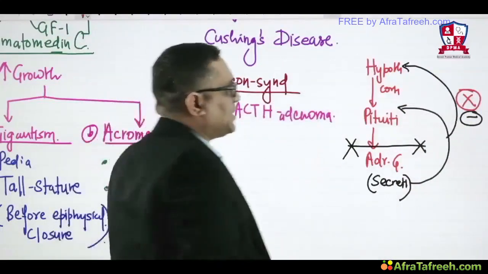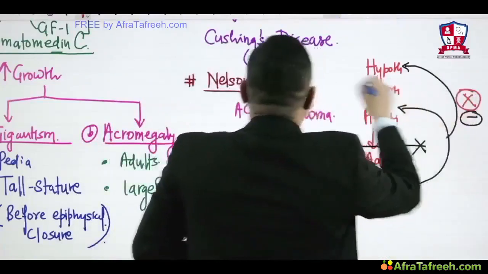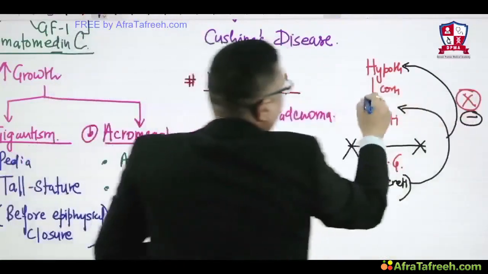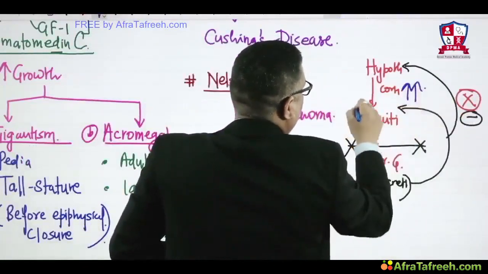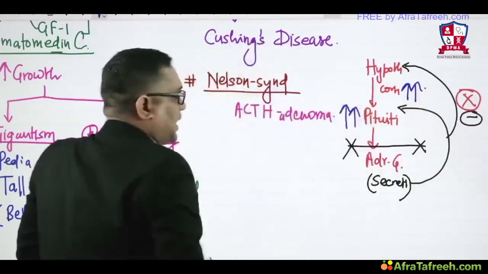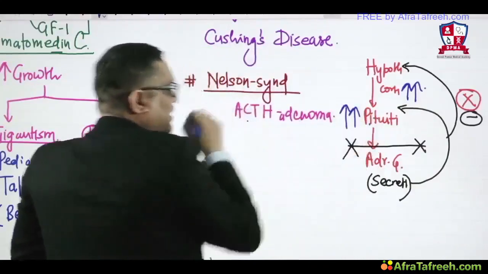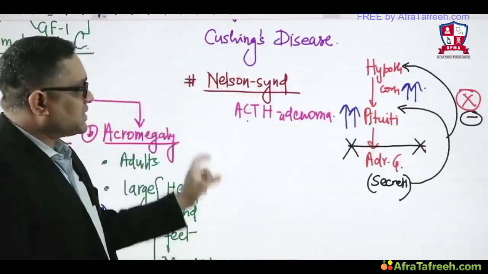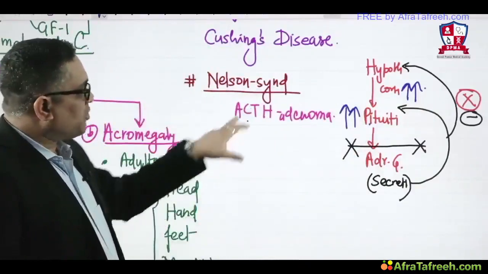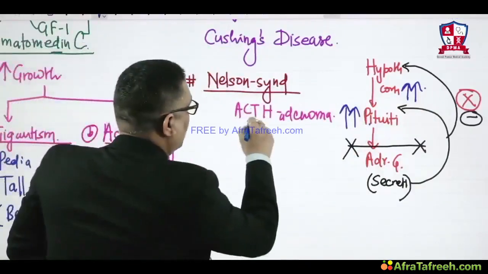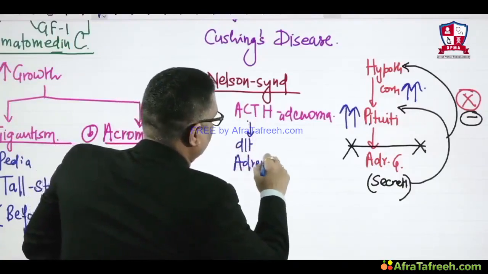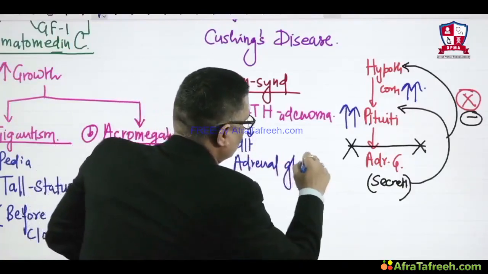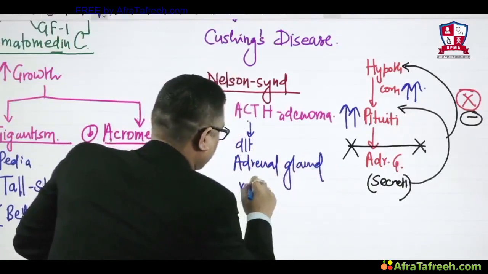If this has decreased, what will happen? There will be an excessive amount of corticotrophin. This will cause more pituitary activation, and this will cause ACTH adenoma. So what is Nelson syndrome? Nelson syndrome is ACTH adenoma due to adrenal gland resection.